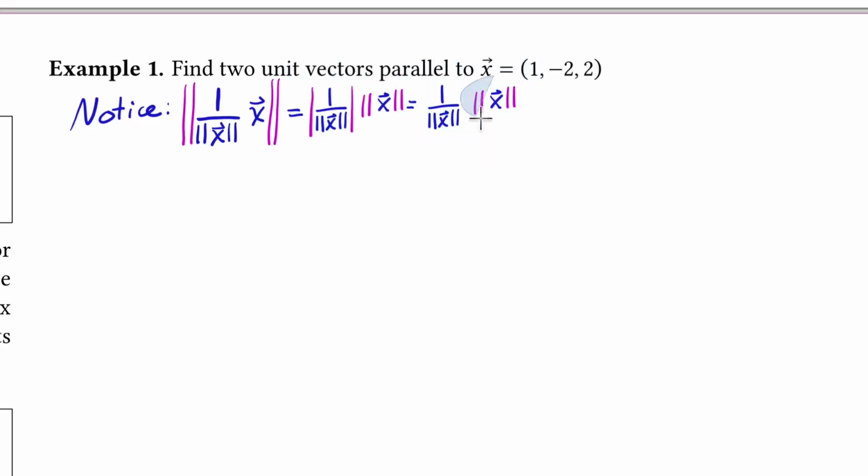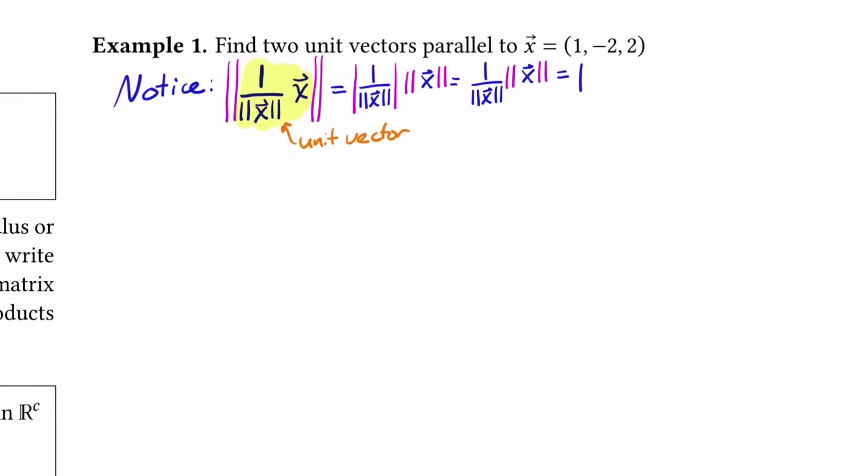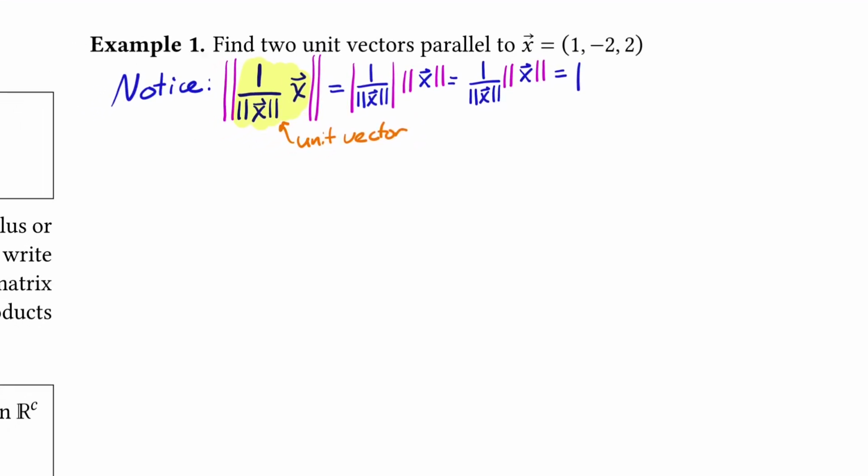This cancels out, and you just get the number 1. So in other words, this is always a unit vector.